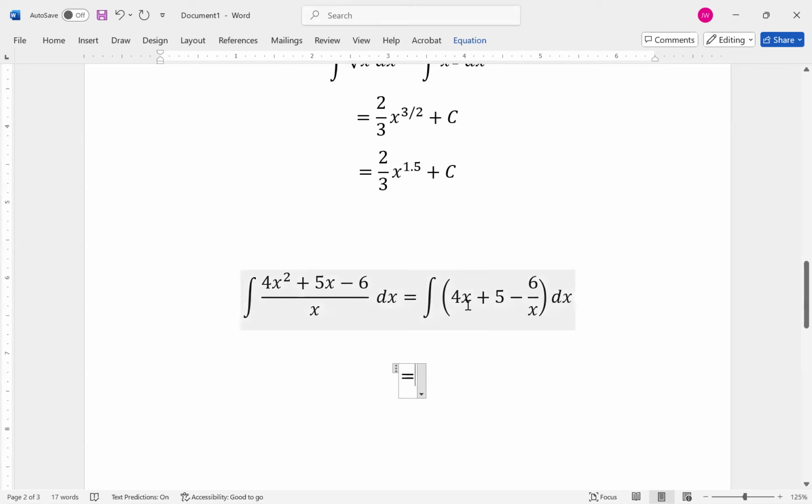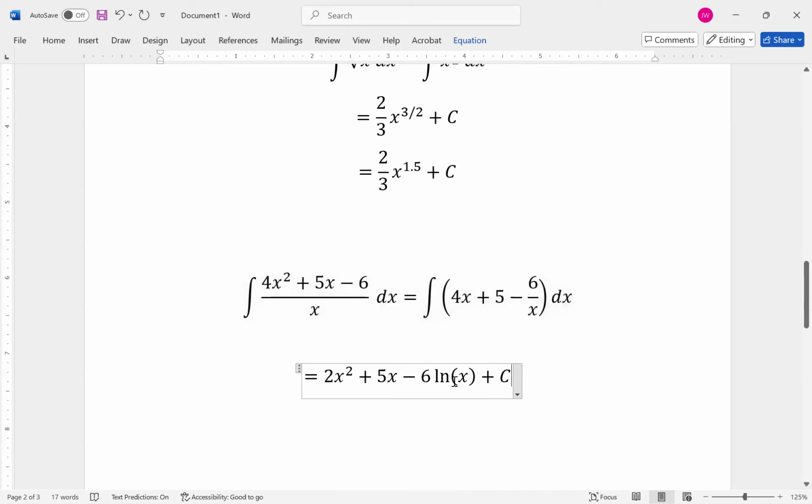So 4x, we're going to raise the exponent by 1. We get x squared. Divide by 2. 4 divided by 2 is 2. So 2x squared. The constant 5 becomes 5x. And we've seen this before, negative 6 over x. When I take the antiderivative, it gives me negative 6 natural log of x.